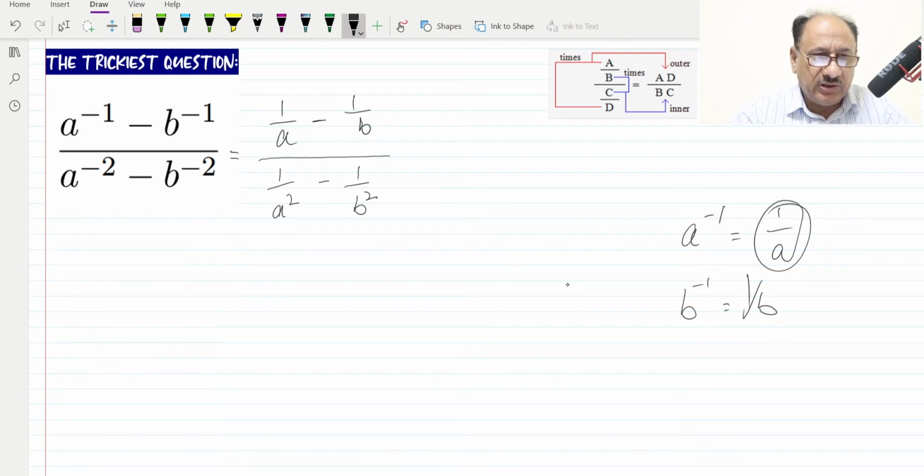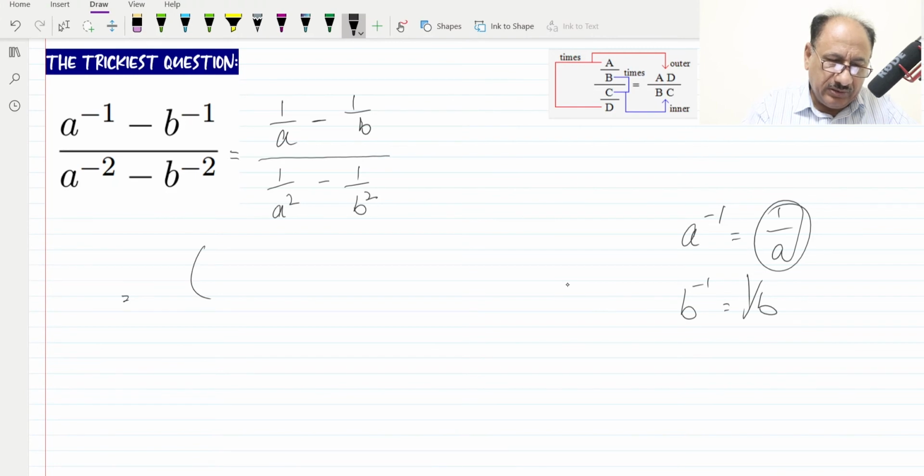Now we have changed into fractions, and now we can simplify these. How can we simplify these easily? We can multiply the numerator and denominator by a square and b square.